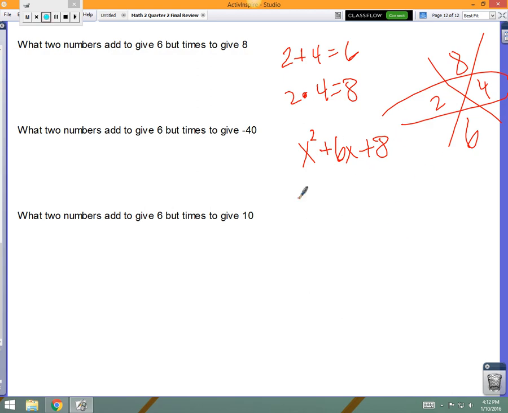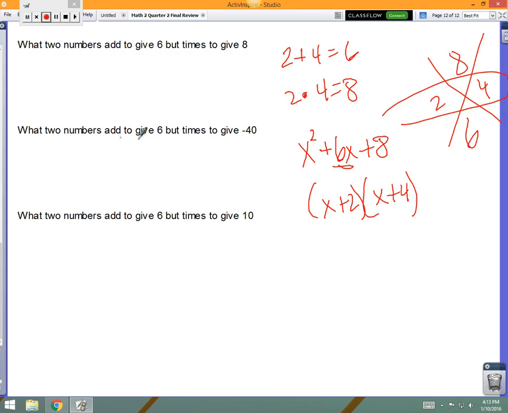So here's what you're looking for. What two numbers times to give you the end but add to give you the middle? And if you factor it, it's going to be x plus 2 times x plus 4. You distribute, they add to give you 6, but they times to give you 8.